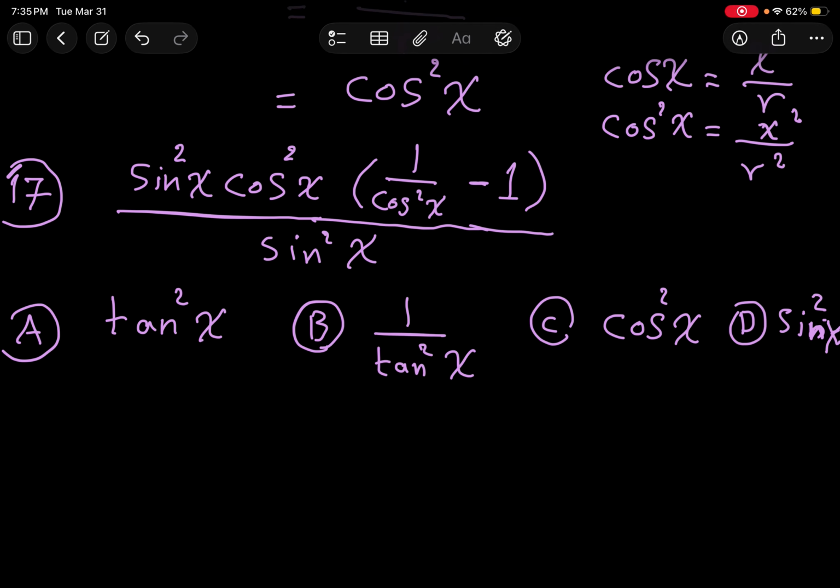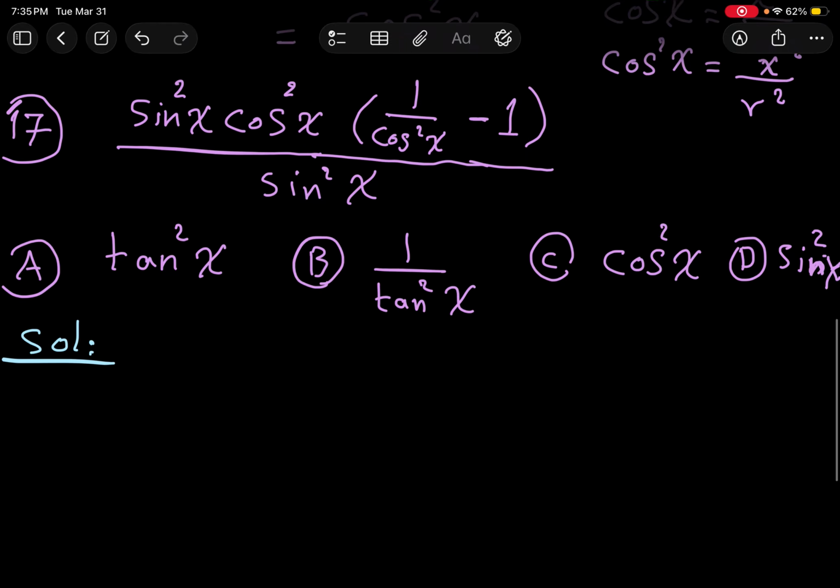So we will solve this question. The solution: I'm gonna write the expression again. It is written as an equation in the book, but an equation is equal to another side, and we have just one side here, so it is an expression.